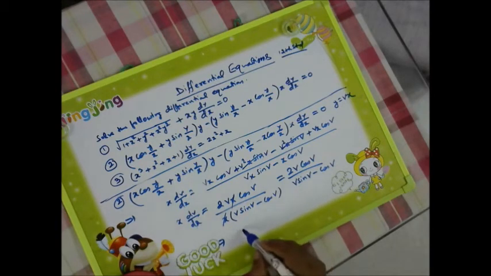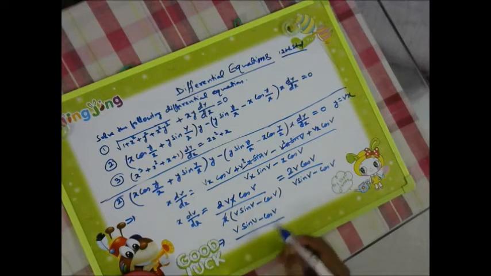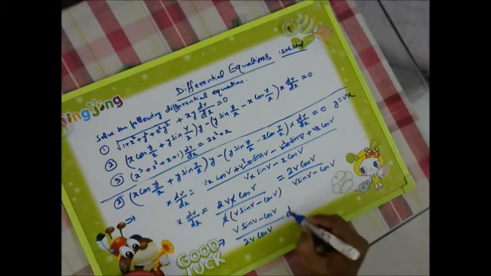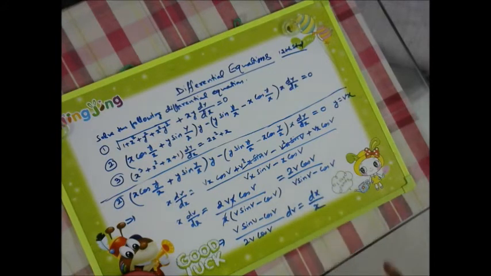So here it is becoming, this one will go and get multiplied, v sin v minus cos v divided by 2v cos v dv is equal to dx by x. Okay? Yes. Right.